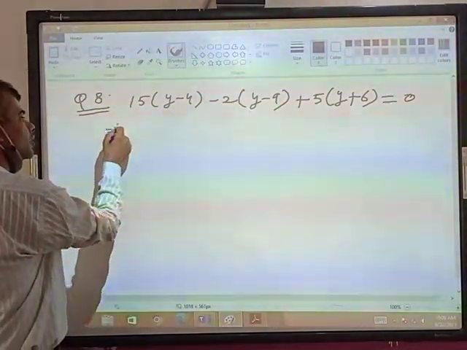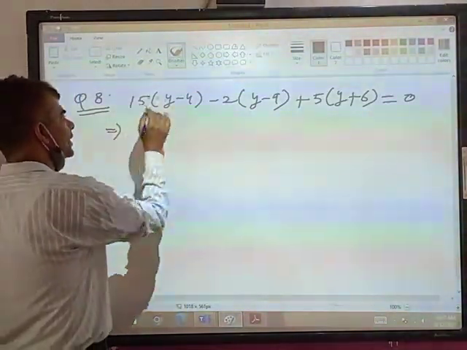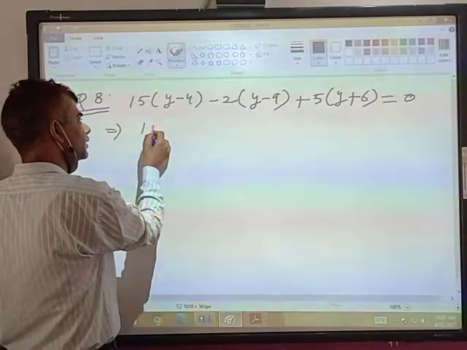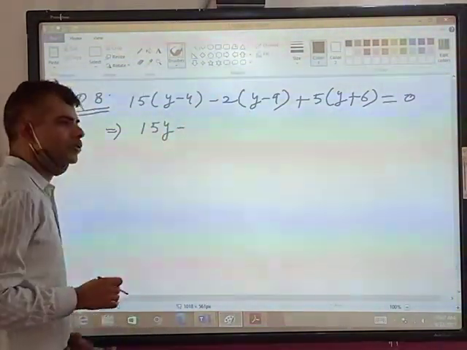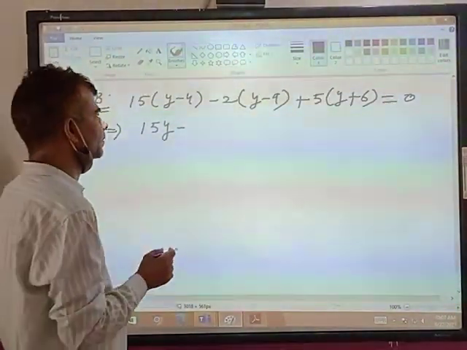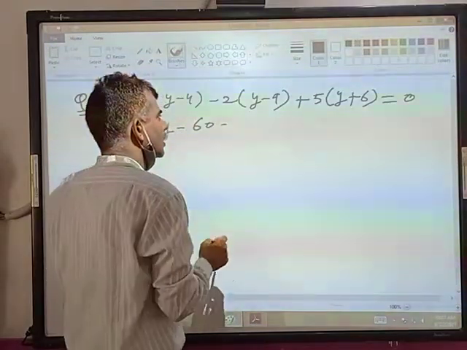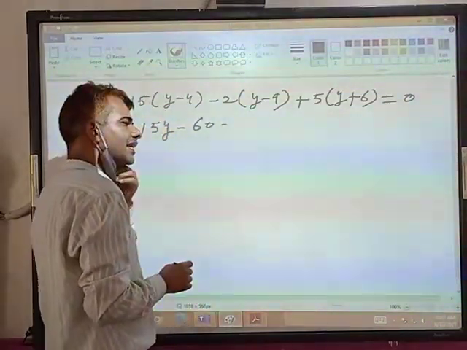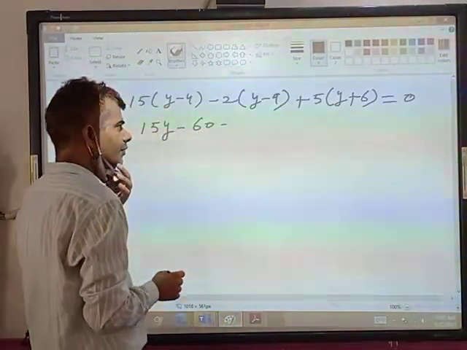Student, first of all solve the brackets. 15 into y, 15y, minus 15 times 4, that is 60. Student, if there is a minus sign before the bracket, then all the signs in the bracket will be changed.